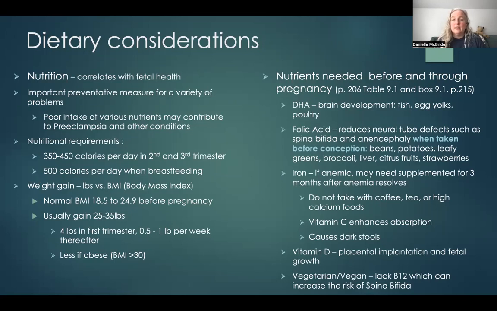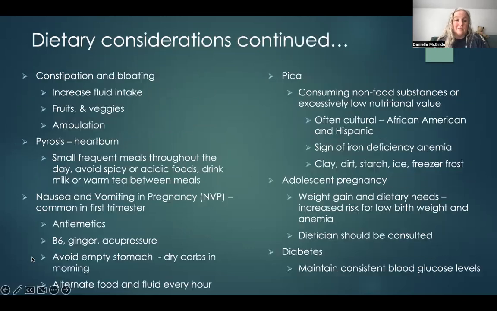And so examples of good nutrients are on the slide, and they're also in your book on page 206. We want to encourage her to eat foods that are high in DHA. We're going to encourage complex carbohydrates. I think those are actually on the next slide. Let me see.